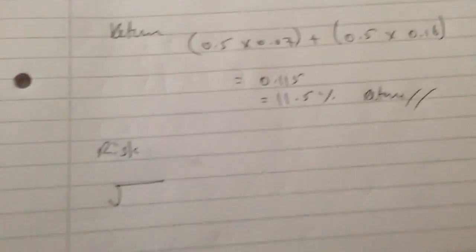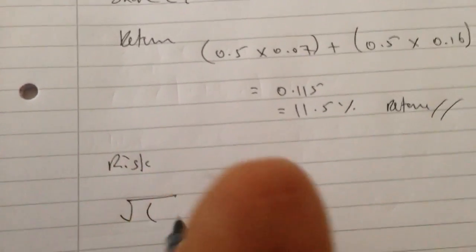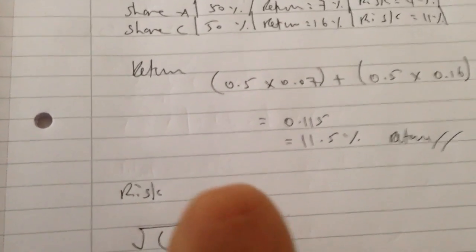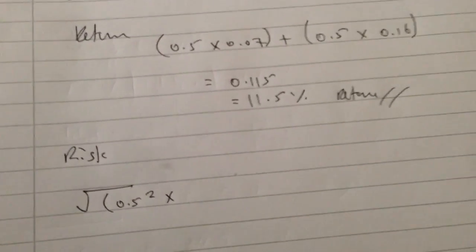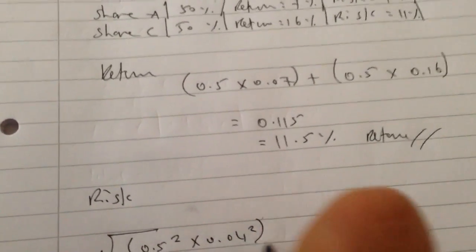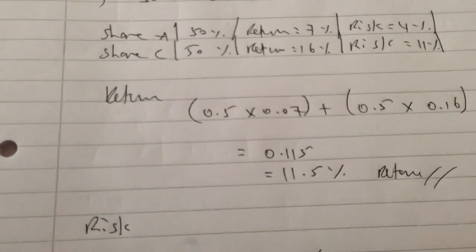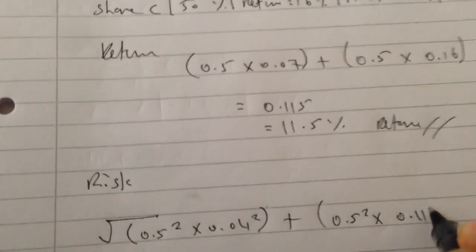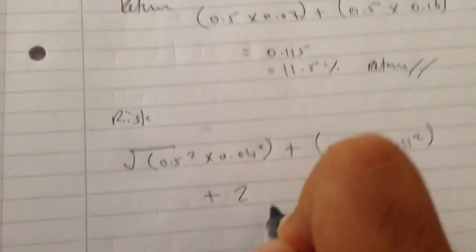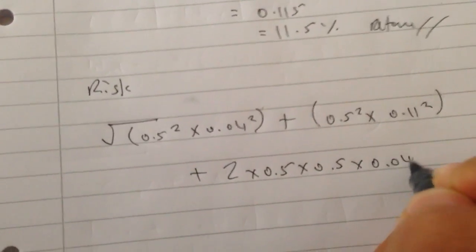Again, square root for risk: the weight of share A, 0.5 squared, multiplied by the risk in share A, 0.04 squared, plus the weight in share C, 0.5 squared, multiplied by the risk in share C, 0.11 squared, plus 2 times both weights, times both risks, times the correlation.